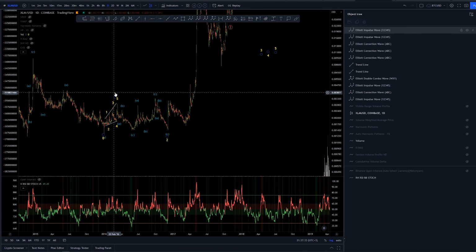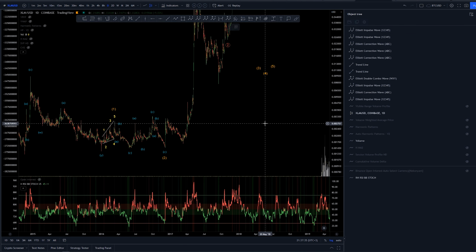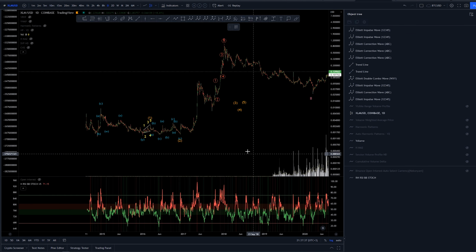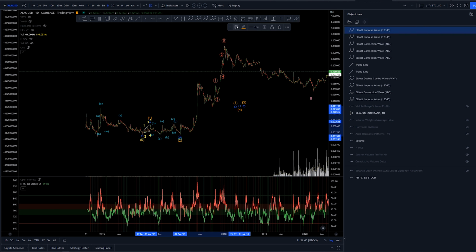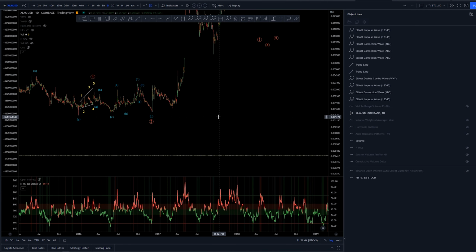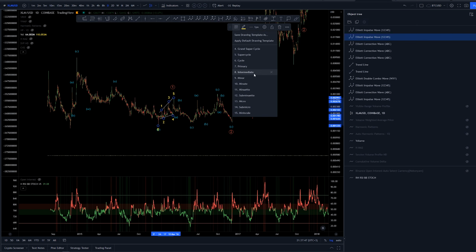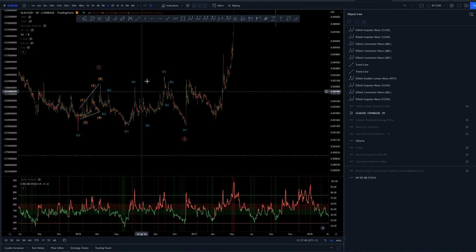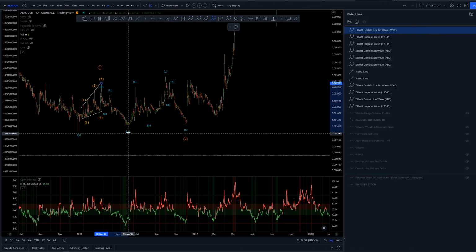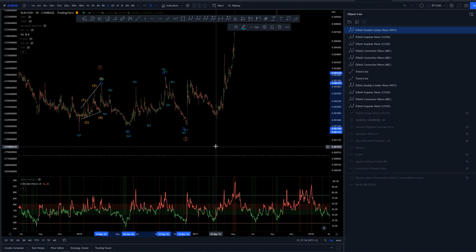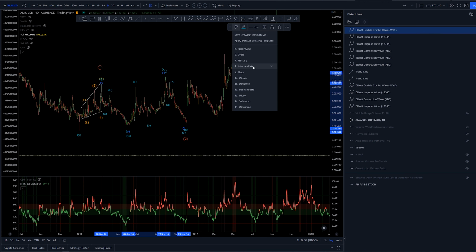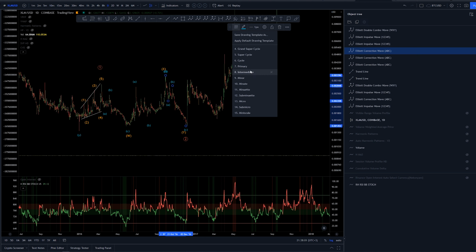So this would be an intermediate, I think. No, this would be primary one. And these would be intermediate waves. So we would be looking at WXY here. We can look into this a bit later if we have some issues with the fourth wave not having an alternation here. So these should be all minor.